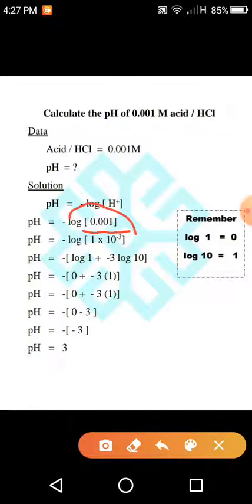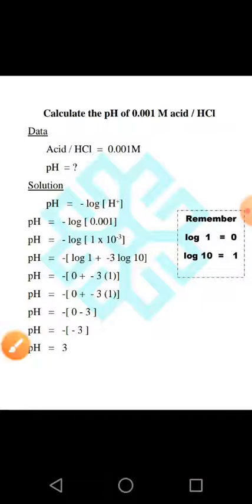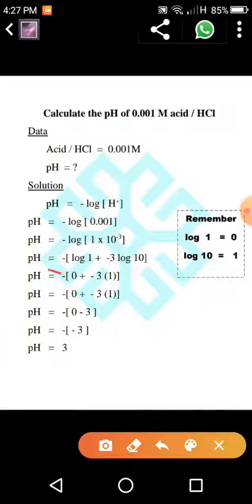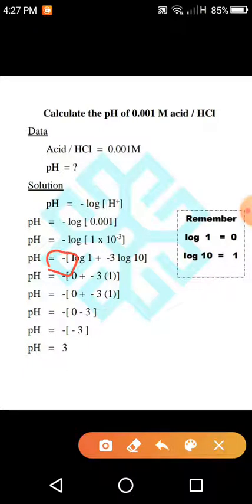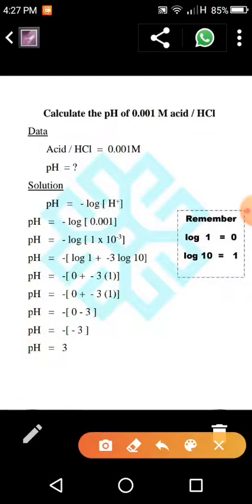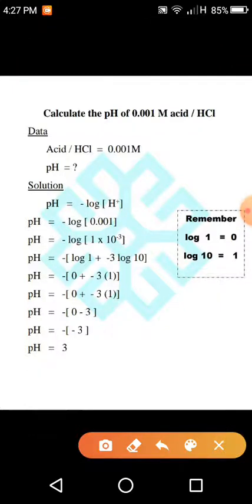So after this, we have to apply the formula. For pH, we have to leave the minus over there, and we have to apply log to both values. There is a nature of log: when the values are in multiplication, the log will add them. 1 and 10 are in multiply.